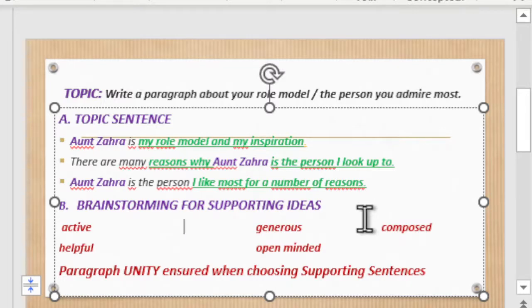Now, if you remember again, we talked about UCDO: U for unity, C for coherence, D for development, and O for organization. It is a good thing to try and integrate these elements as of the early stages of the writing process.